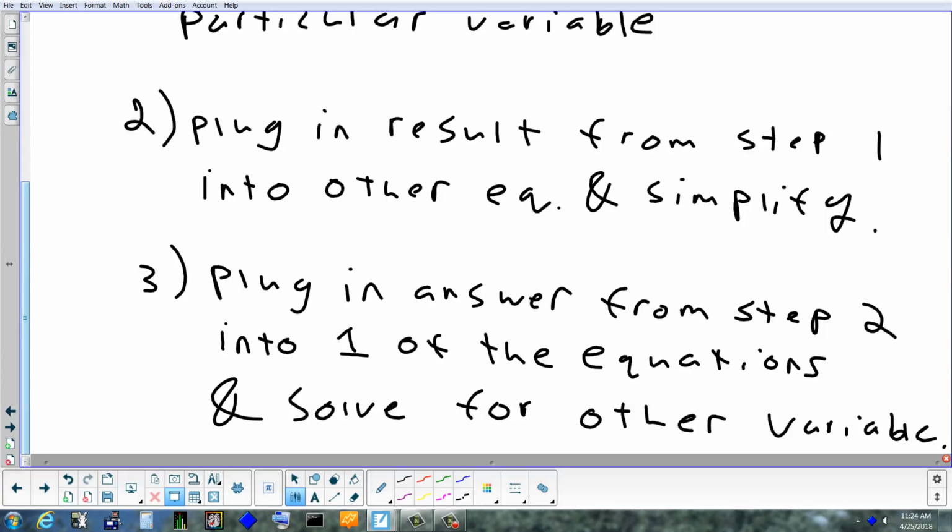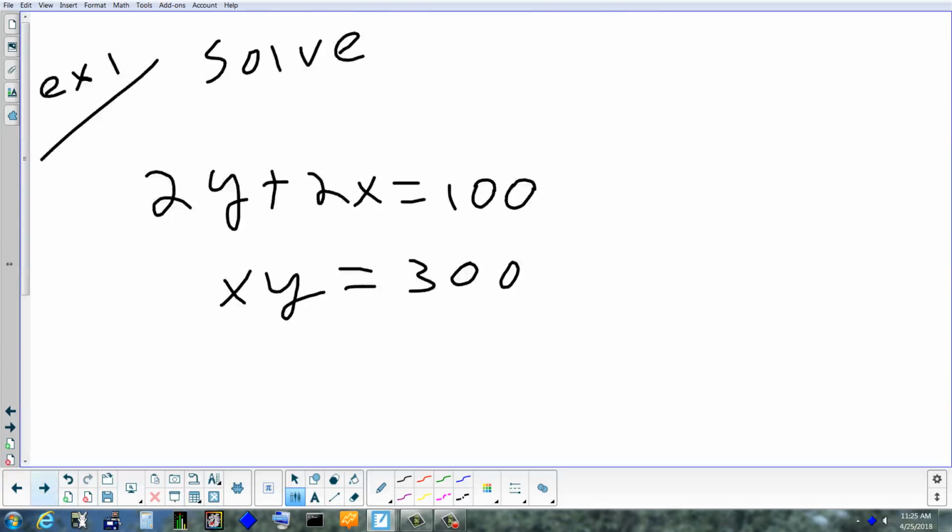So we're going to have the steps. Let's take, and I want to use the letters we had before, 2L and 2W and L times W. Does it really matter what letters I use? No, they just represent something.